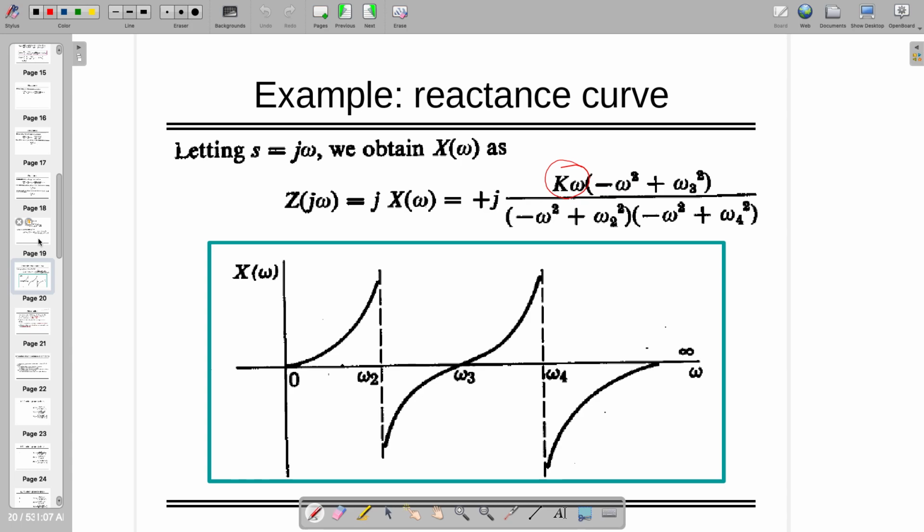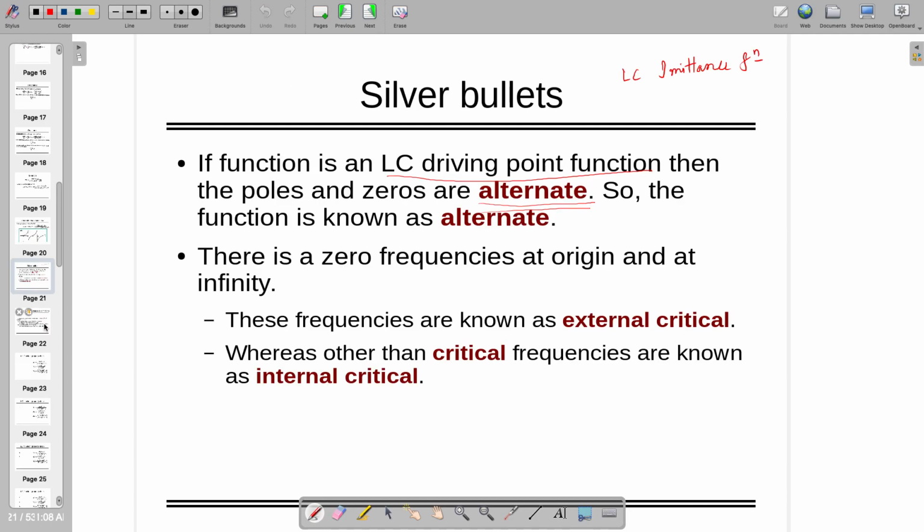This reactance curve can be made this way when one is a pole which is going to infinity. Look at this. Omega 2 and omega 4 are poles, and the reactance values are going to infinity at omega 2 and omega 4. At omega 0, or maybe 0 at the origin, omega 3, and at infinity, all these values are 0. So this is only possible when these poles and zeros are alternate.